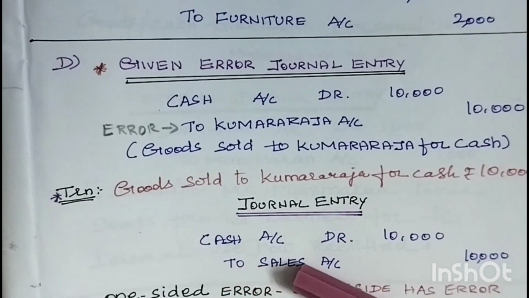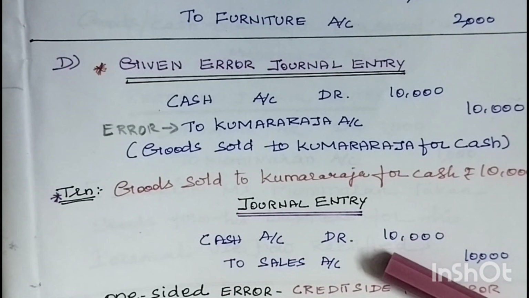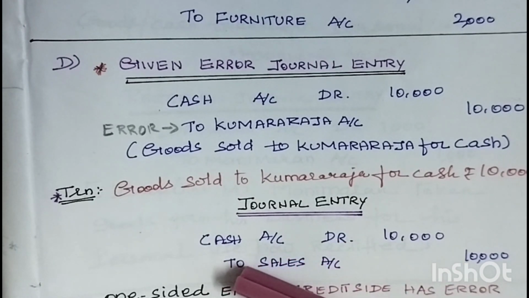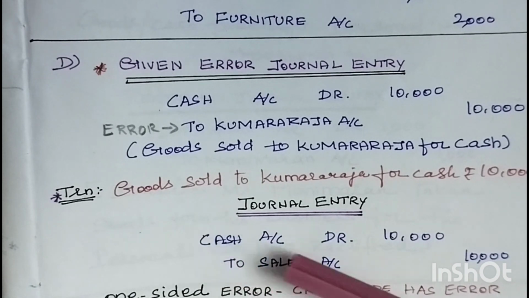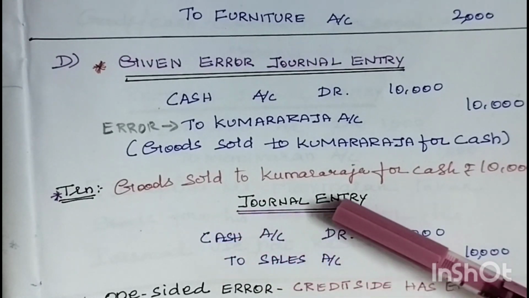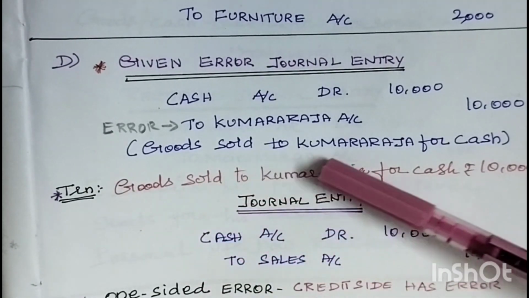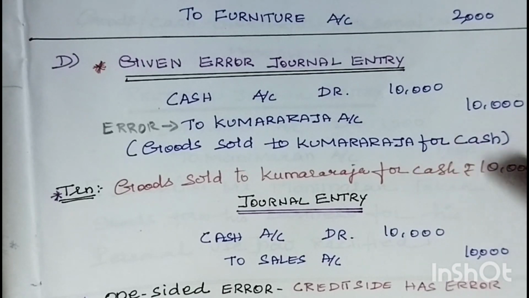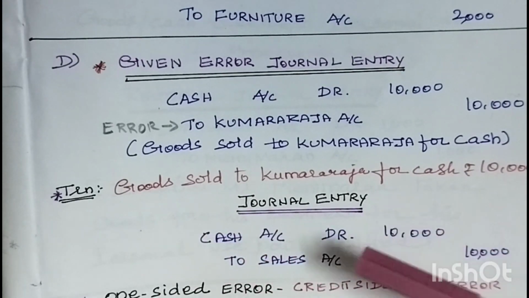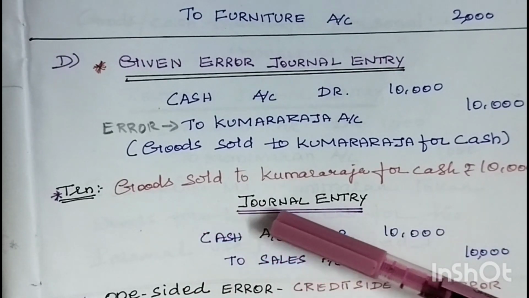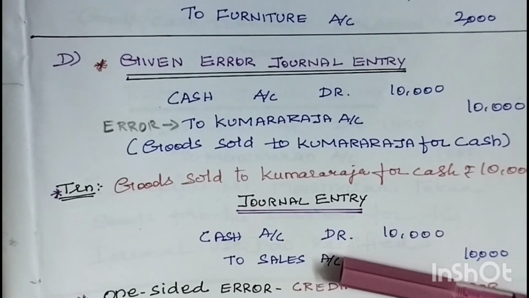Whenever you generate sales, your revenue increases, and whenever revenue increases, the revenue account is credited. Sales is the revenue, so you credit the sales account. So what is the correct journal entry for goods sold for cash to Kumaran? Cash account debtor to sales account. This is the correct journal entry, right?